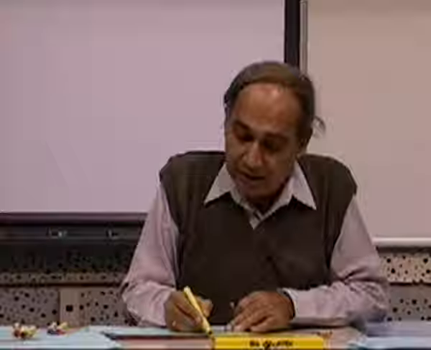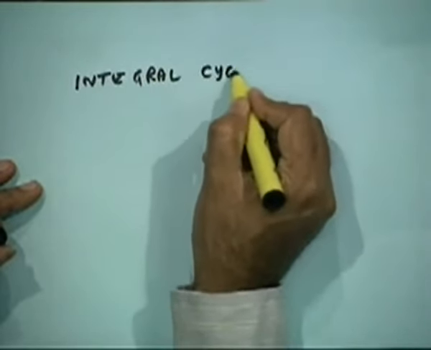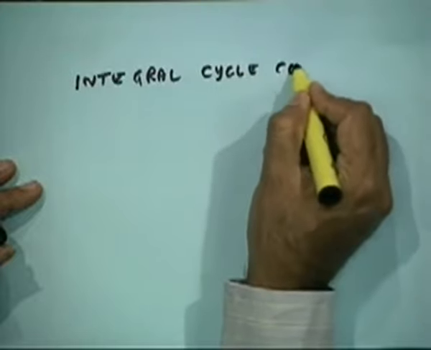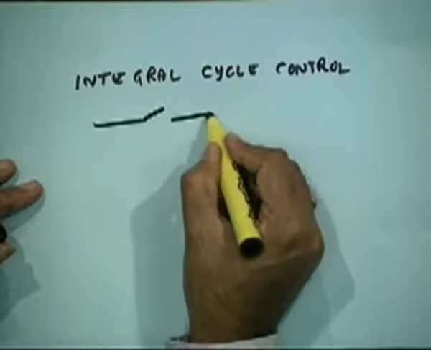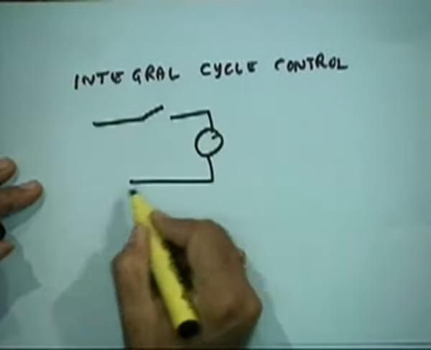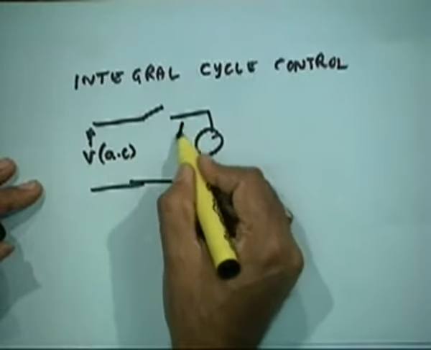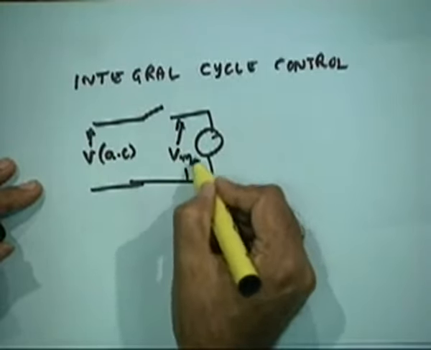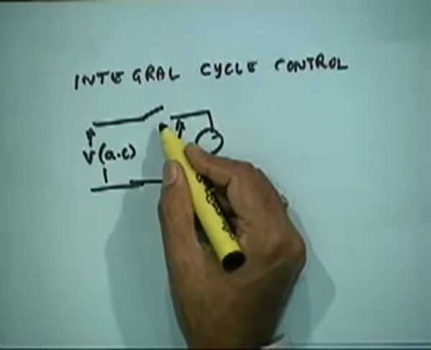That means you imagine that you have a switch here, and you have the voltage VAC. This is the V across the motor. Now you go on switching on and off for some time.